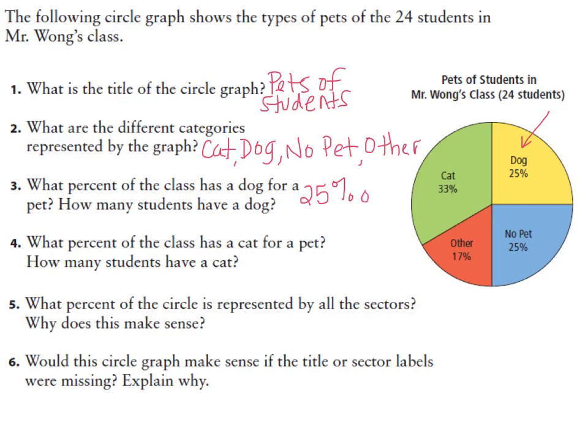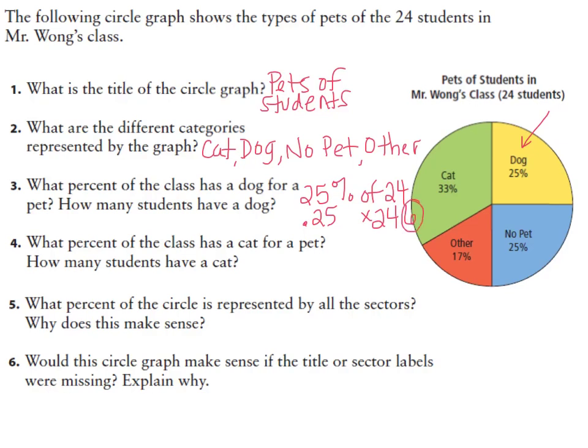If we remember what of means back a long time ago, of means multiply. So if we multiply 0.25 by 24, that's going to tell us how many students have a dog. And our answer is 6. So 6 students have a dog.